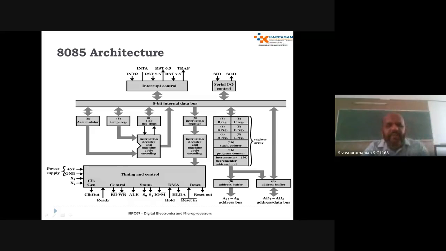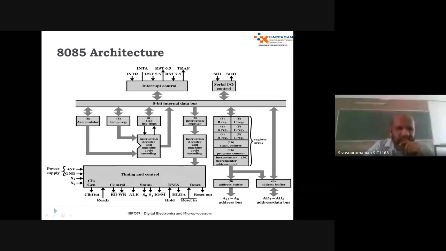Now let's focus on each and every block available in this architecture. Gradually, first understand how to draw this architecture, and keep in mind that the complete architecture is split into 5 different components. The first component is your register section.